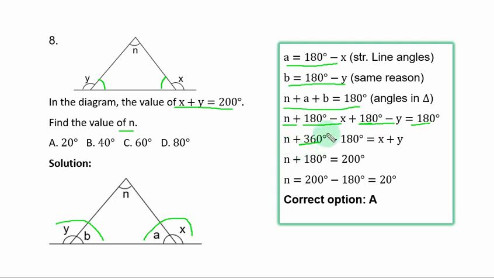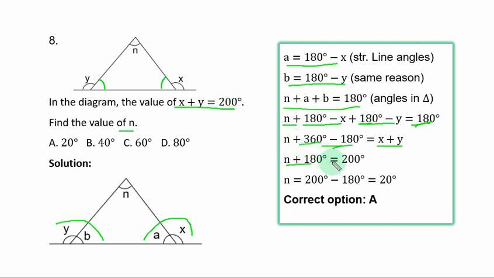360 degrees. Now let's transfer minus s and minus y to the right hand side. You have s plus y. Now if you move this one to the left, it becomes minus. So if you subtract these two, you have n plus 180 degrees equal to s plus y, which is 200.